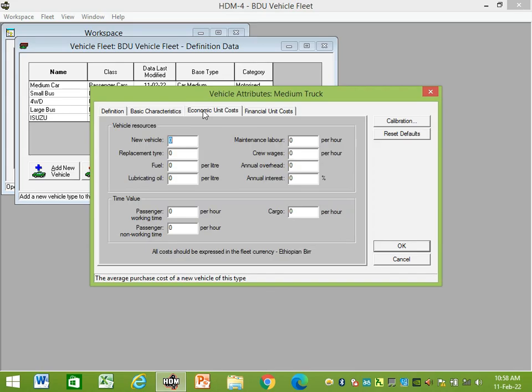Economic, the price of a medium truck, economic is 2,407,000. Tire 10,790. Fuel diesel 19.24.